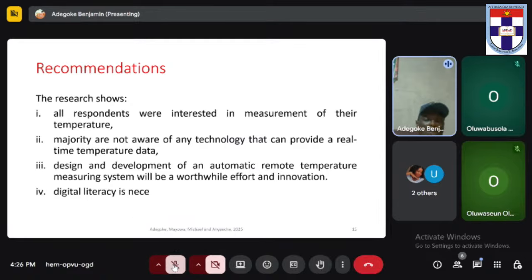And these are recommendations. All respondents were interested in measurement of their temperature. Majority are not aware of any technology that can provide real-time temperature data.